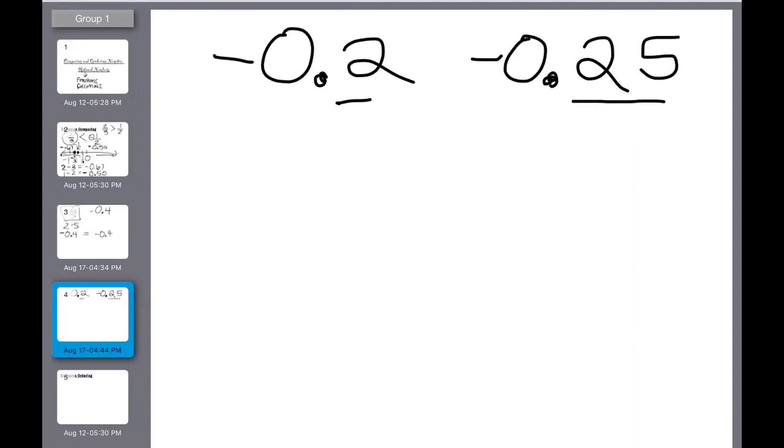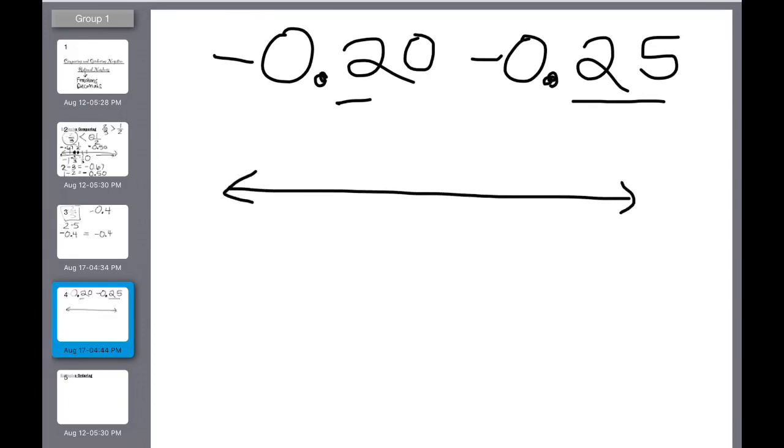It will make it easier to compare them if you add a 0 after the 2 to make it 20 hundredths and 25 hundredths. Even though 25 hundredths looks bigger, and if they were positive, it would be bigger, remember, negatives are opposite.